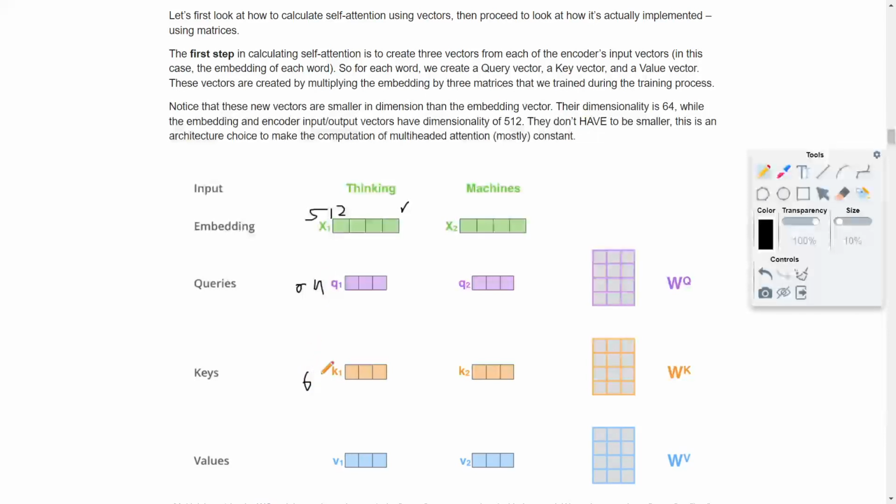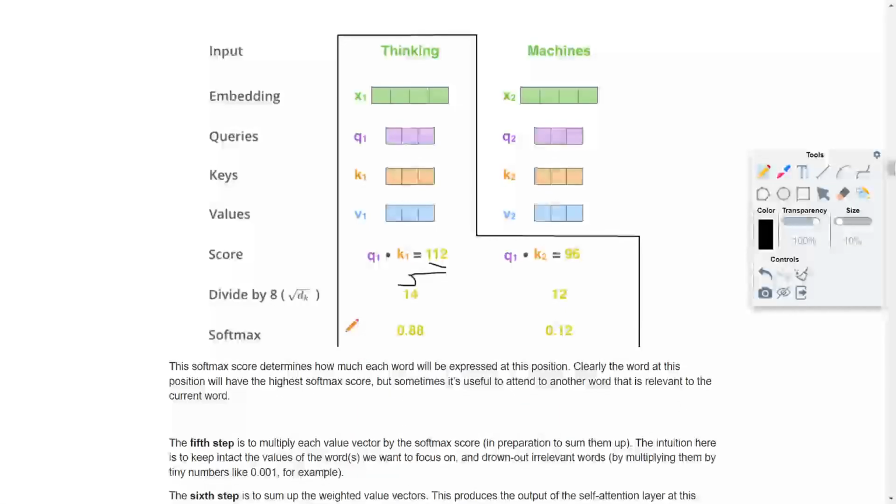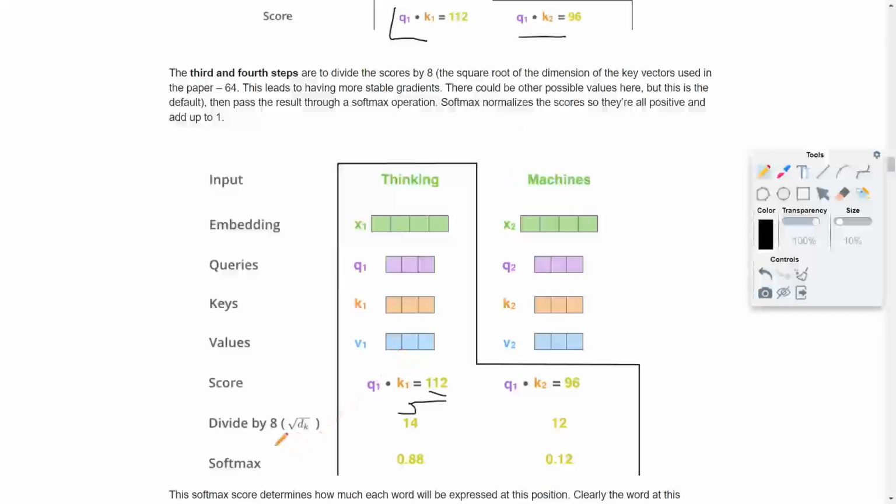I think the keys were also of the same dimension. So we divide by root of 64, that is, by 8, and we get 14.